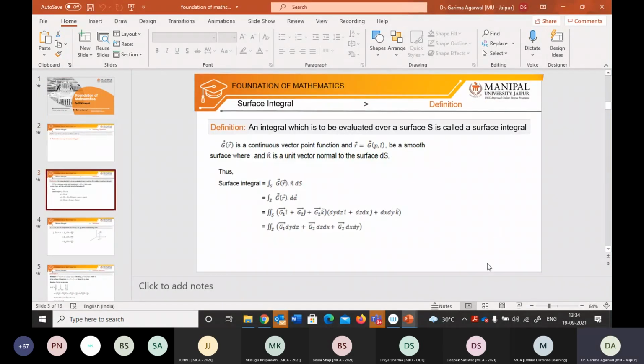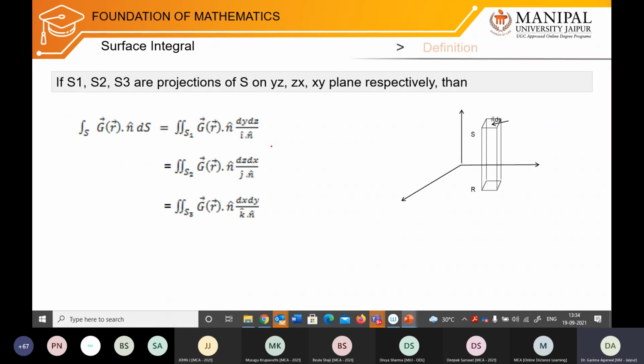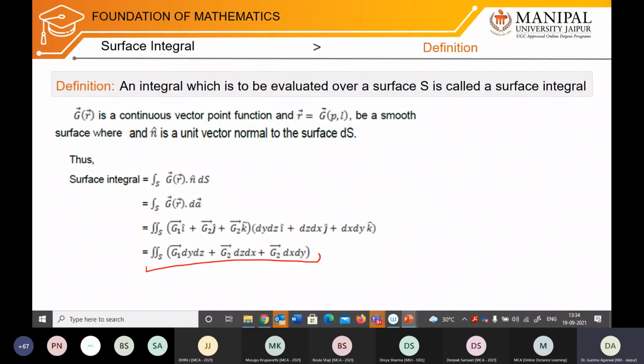Then the surface integral. The next is surface integral. This one is the formula for surface integral. If we have a vector g, then the surface integral can be written by this double integration g1 dy dz plus g2 dz dx plus g3 dx dy.